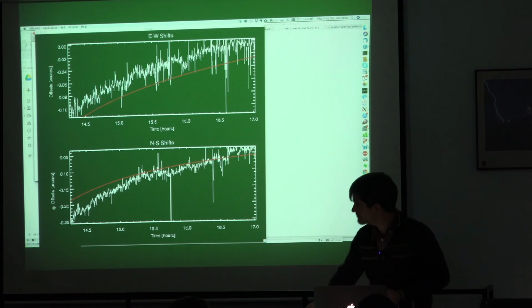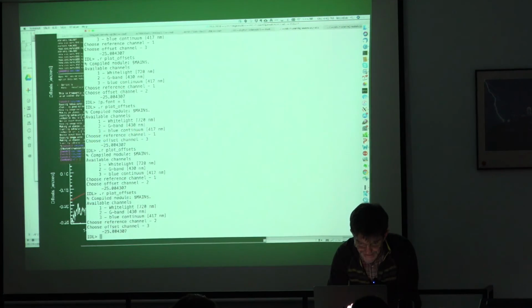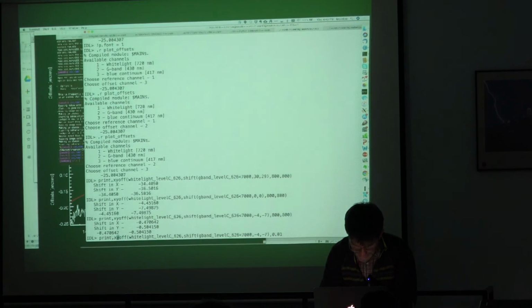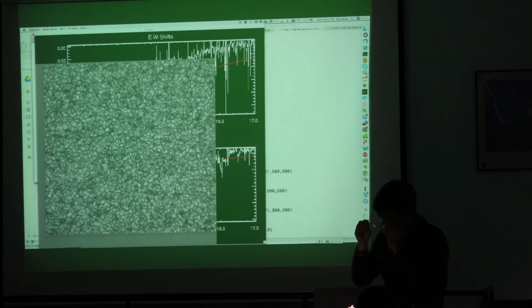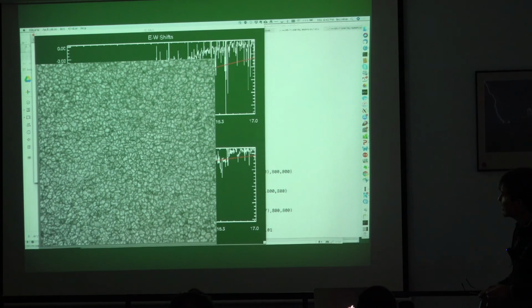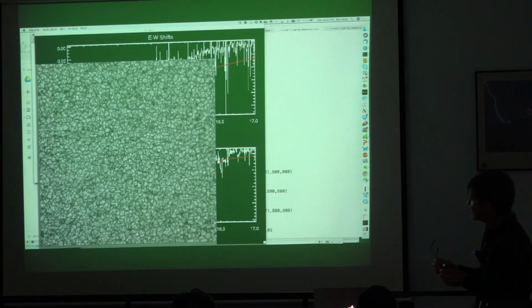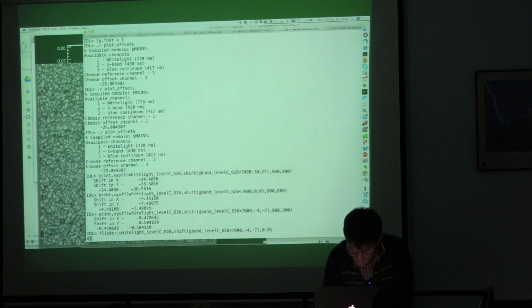Yeah, and then we can look and see what the final effect is here. So here we are. We have our G-band and our white light image lined up. See, they're pretty close there.